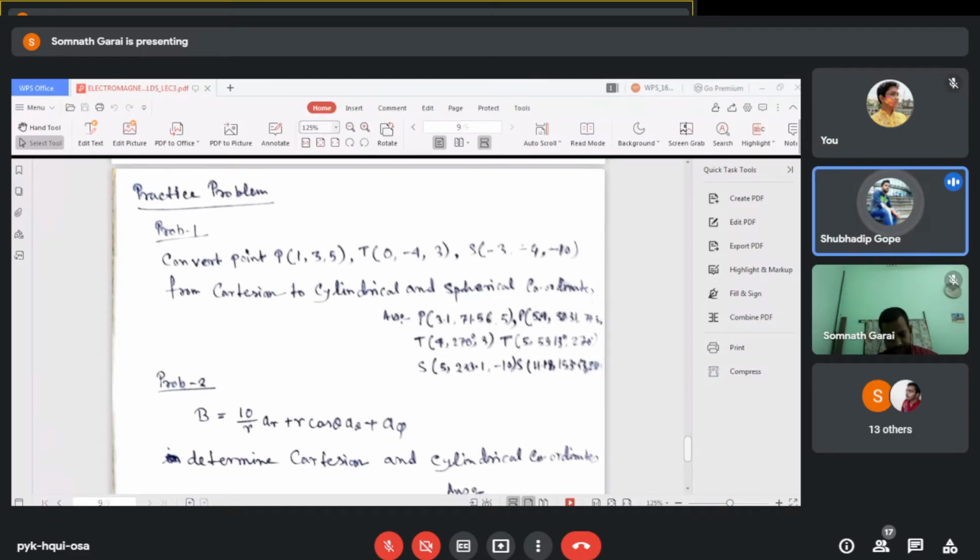Sir, we have to write the degree, right? Yes. Rho is the distance, so the unit will be millimeter or centimeter. Phi will be degree. And Z will also be a distance, millimeter or centimeter.